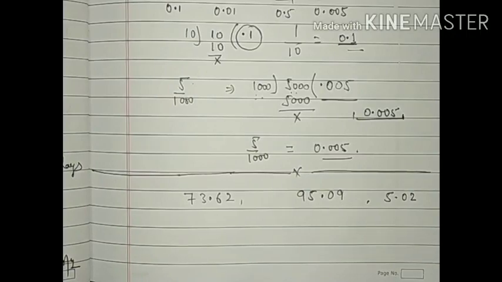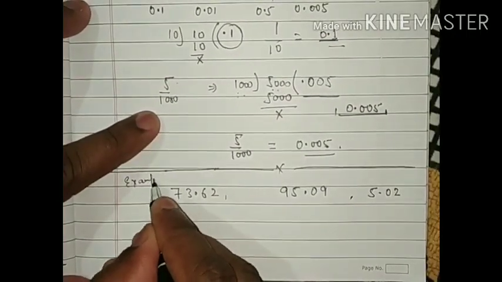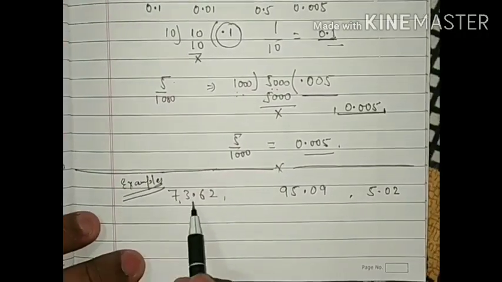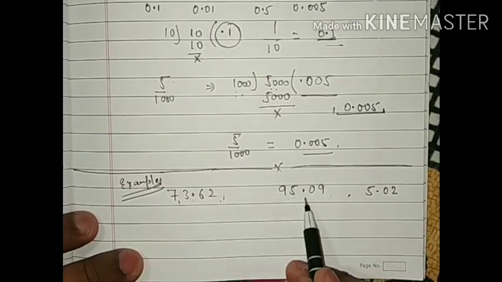In all of the given examples, what do we see? 73.62, 95.09, 5.02.